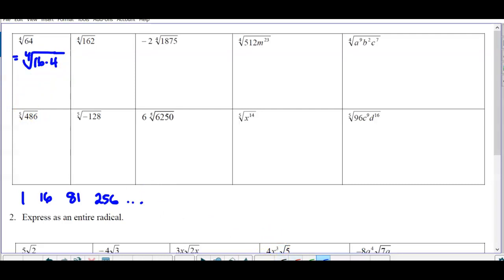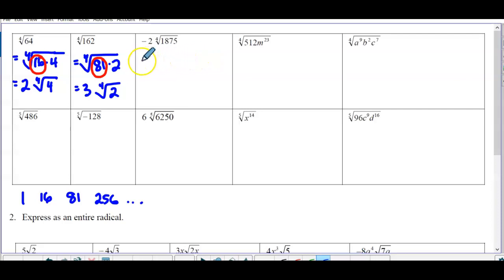And then fourth root of 16 is 2, and we're left with fourth root of 4. Okay. Fourth root of 162. Well, you can see 81 goes into that. So that's fourth root of 81 times 2. Perfect fourth power. So that's going to be 3, fourth root of 2.